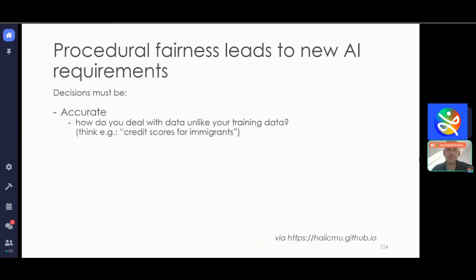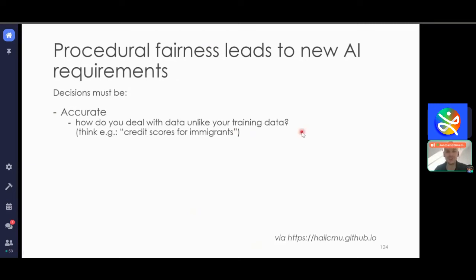There's this whole concept of procedural fairness in terms of baking principles into AI and ML systems. If you want to achieve this procedural fairness, decisions arguably must be accurate. So you need to think about how you deal with data that is not in your training data, or whether you need to collect additional training data.